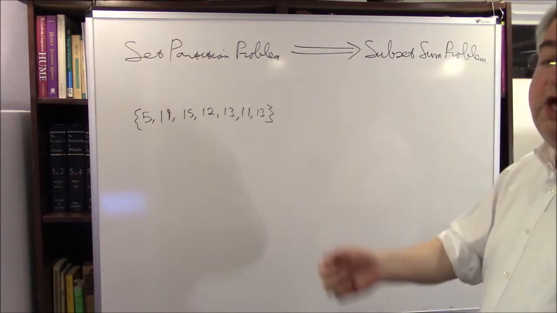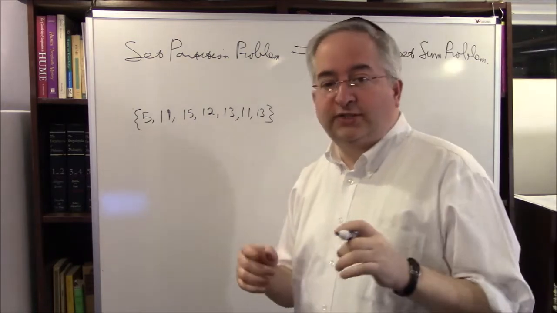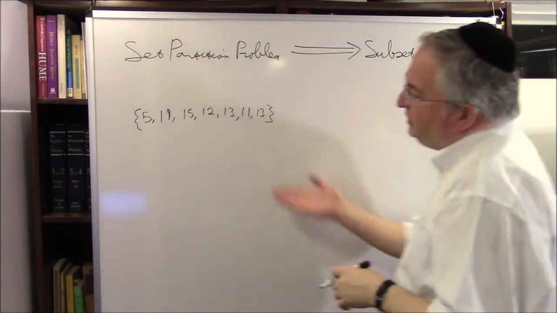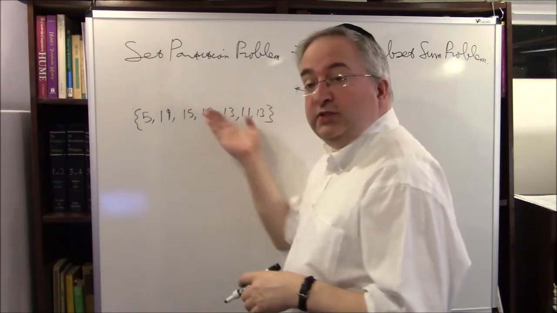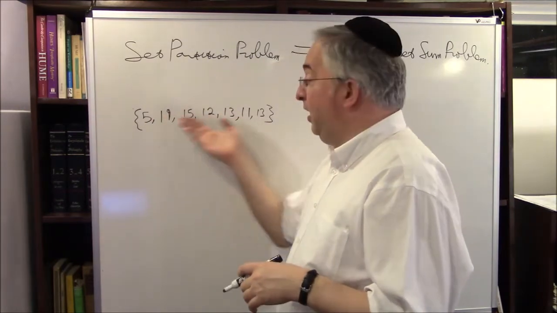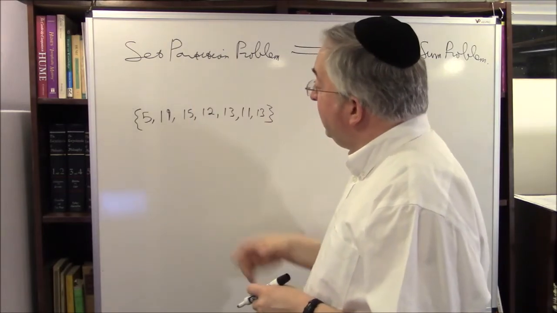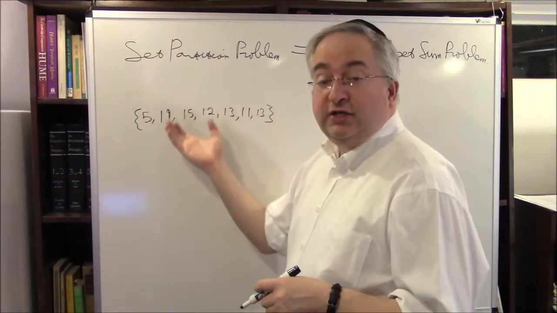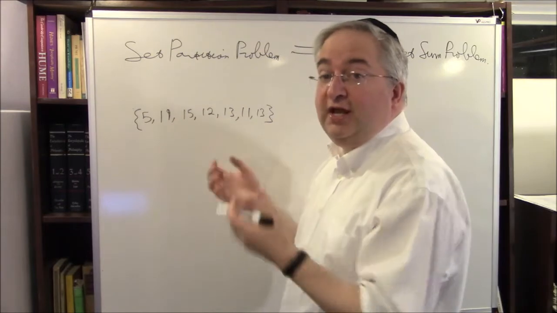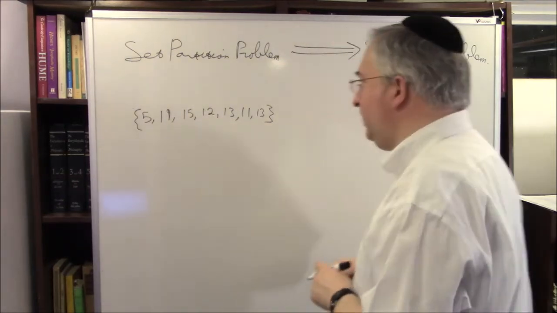Why we're changing it, we'll see in a second. Here's a typical example of a set partition problem, and I want to be able to find 2 subsets such that when you add up all the elements, you get the same thing.